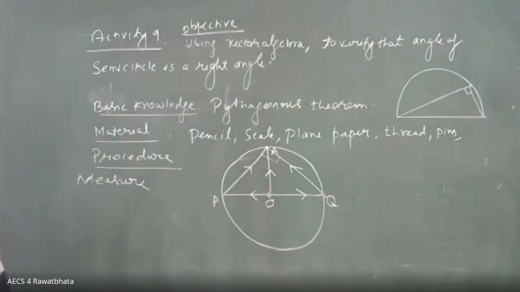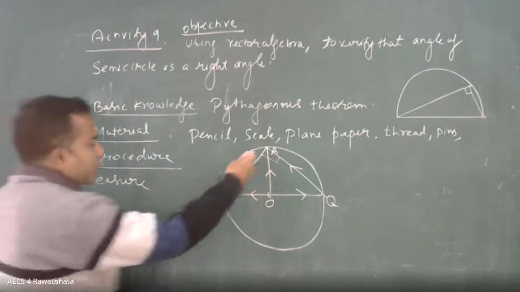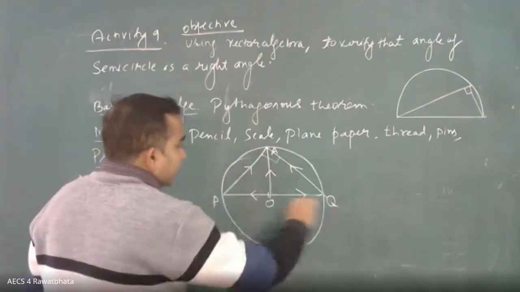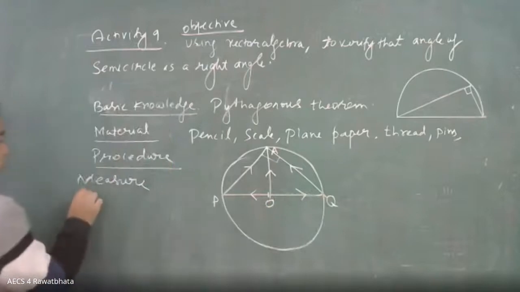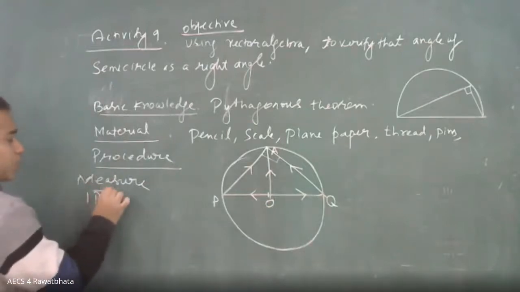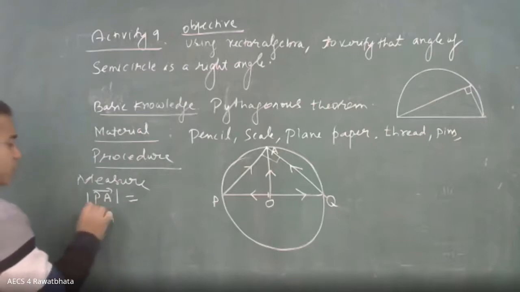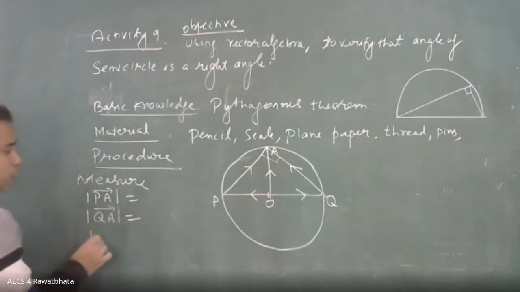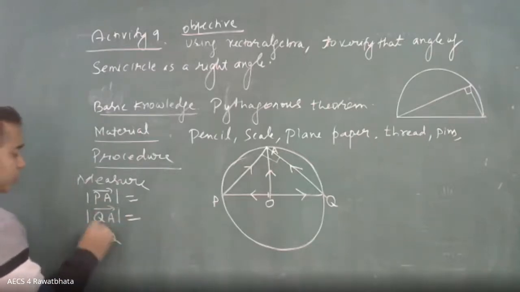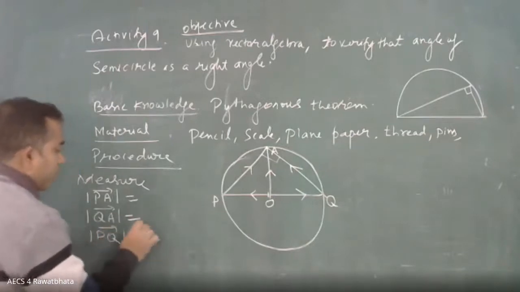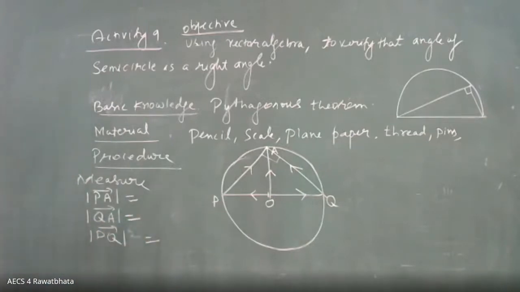So for establishing Pythagoras theorem, you need to measure 3 sides, correct? So measure the magnitude of PA vector, magnitude of QA vector, and magnitude of PQ vector. You measure and write, in the observation.